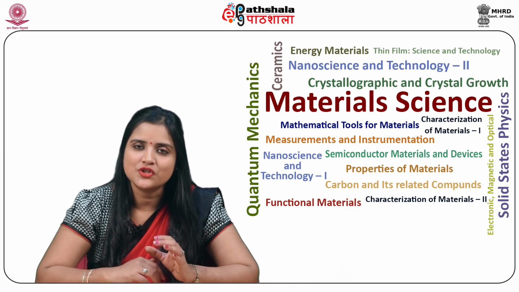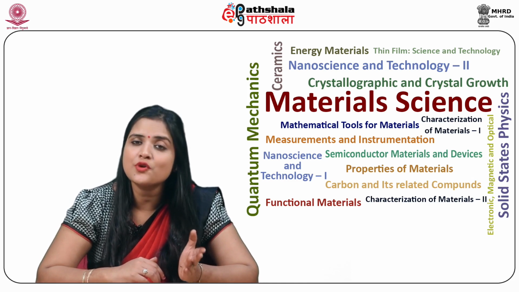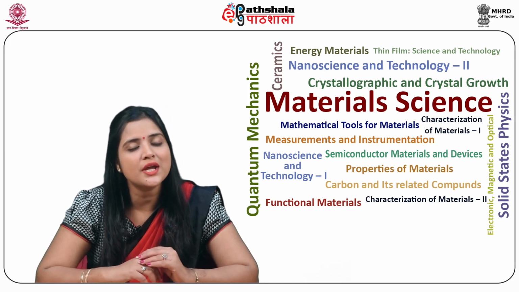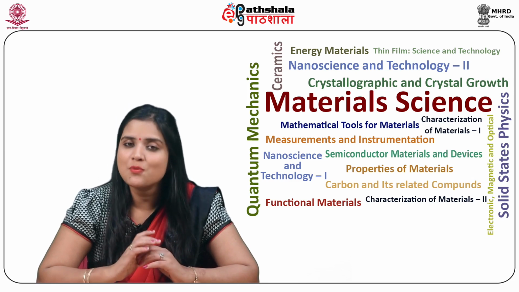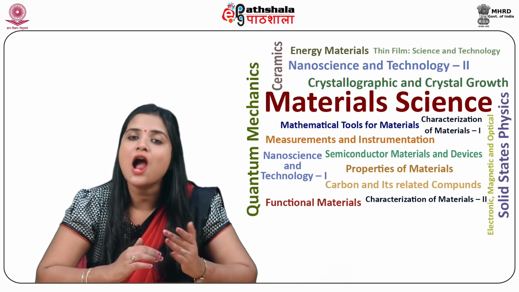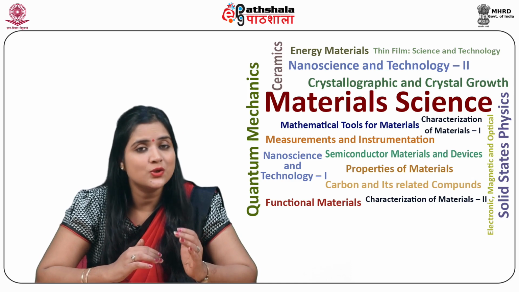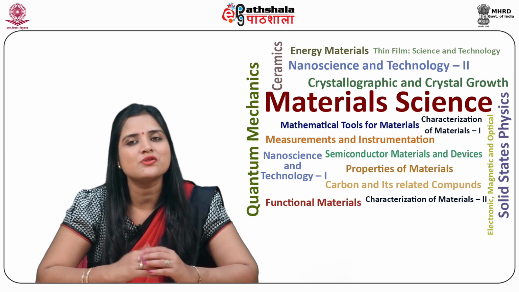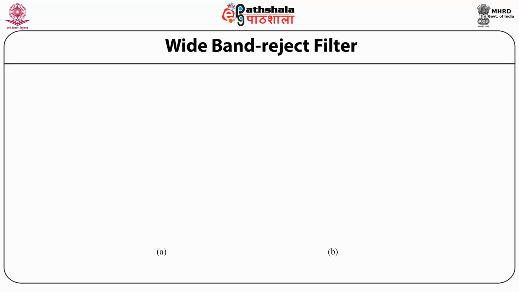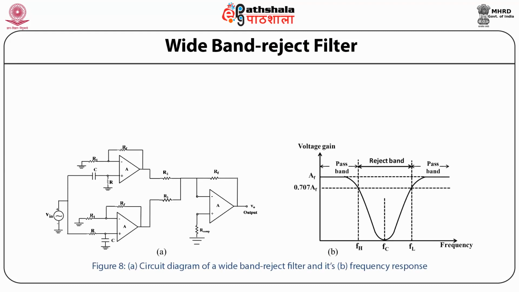Wide band reject filter has a small value of Q, that is Q less than 10, whereas narrow band reject filter has a large value of Q, that is Q greater than 10, due to small bandwidth. Let us next take up the wide band reject filter.